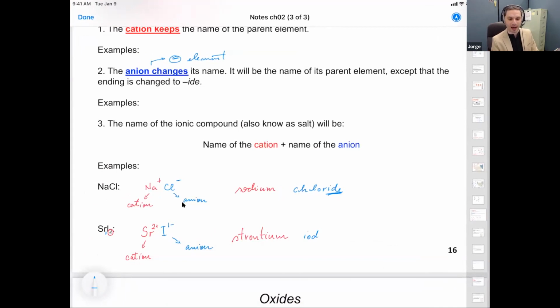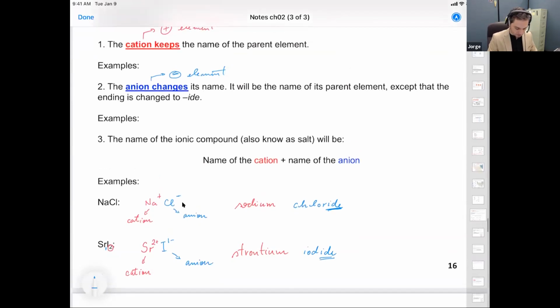So we have here iodine. Let's take out the end and replace by -ide. Therefore, it's going to be strontium iodide. And that is how you name ionic compounds.